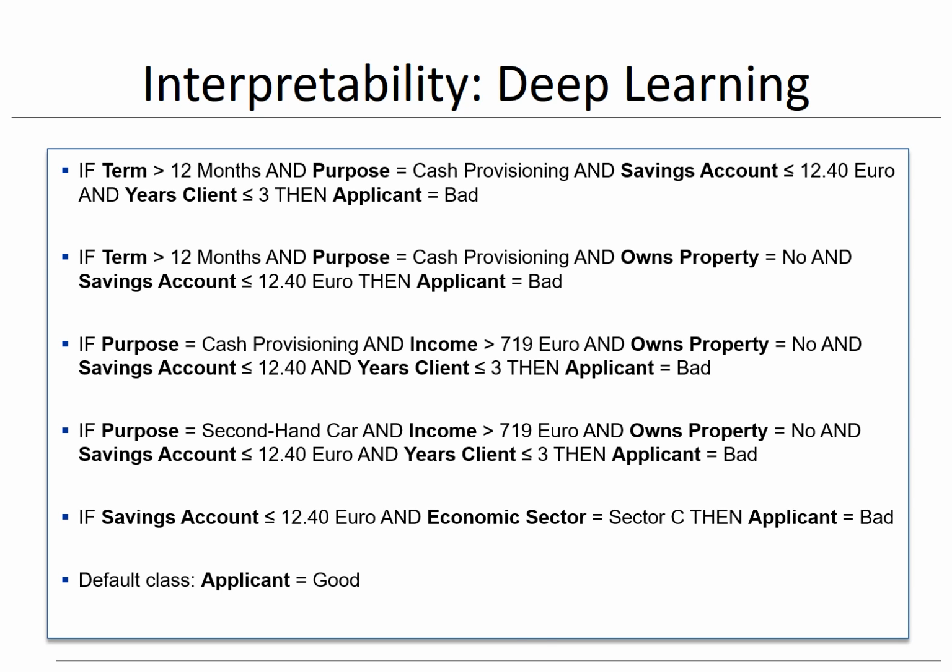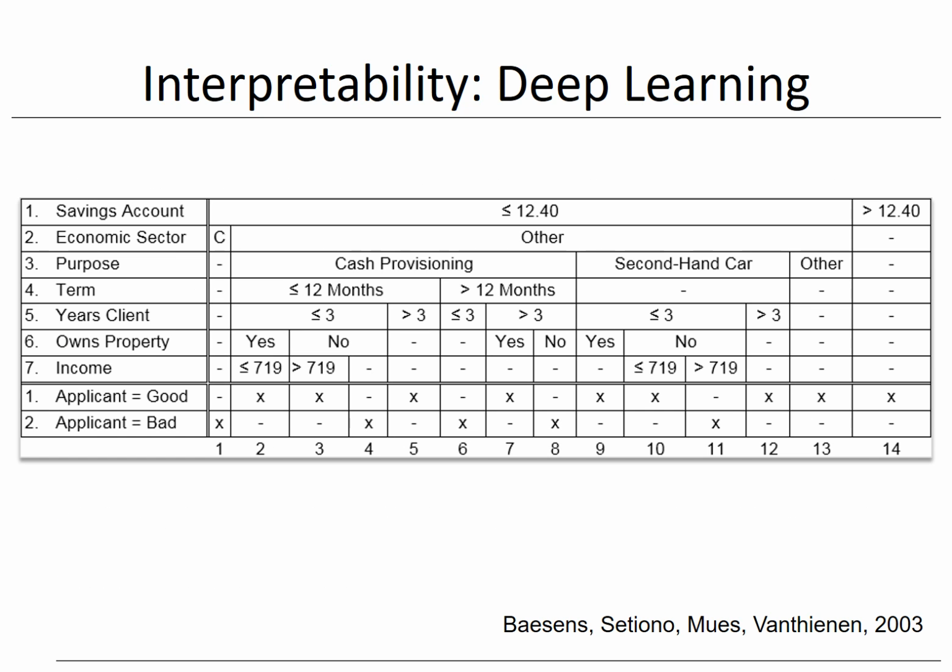We actually took it even one step further in my PhD and represented it as a decision table. Here you can see the rule set of my previous slide, but now represented as a decision table, which is much like a top-down structure where you navigate through the various conditions one by one until you arrive at a classification at the bottom. You see whether the savings account is less than or equal to 12.40 or bigger than 12.40.